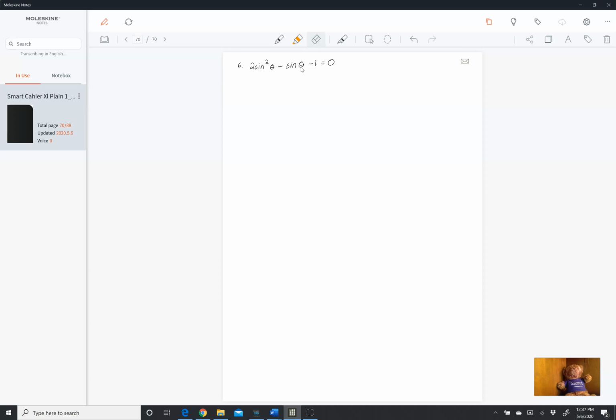Now some of you may look at this and have a hard time factoring it. So my suggestion is to do a substitution. Okay, so this looks quadratic, so we treat it like a quadratic and we factor. And I'm going to add this in a second, but I want it in the interval from 0 to 2 pi.